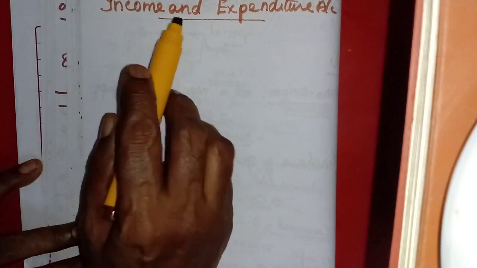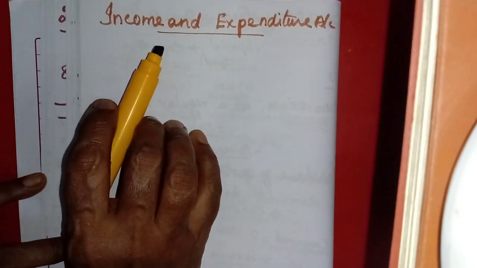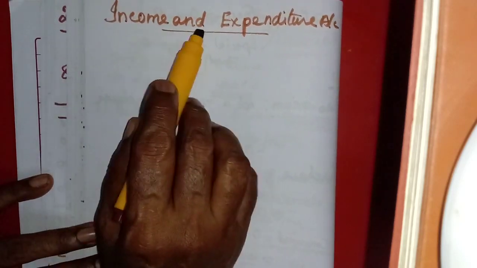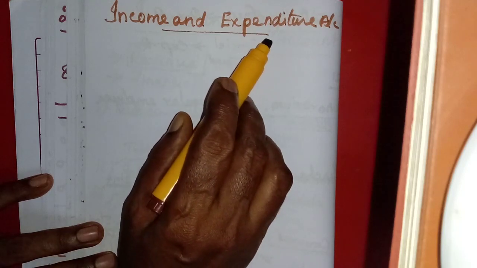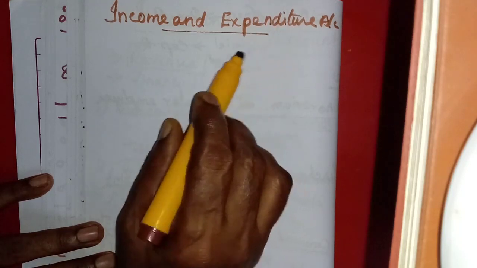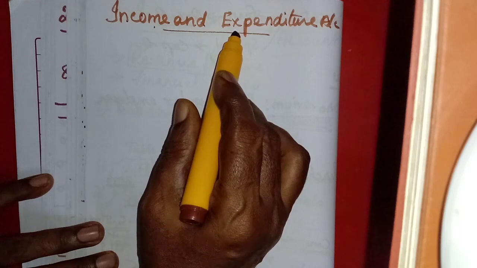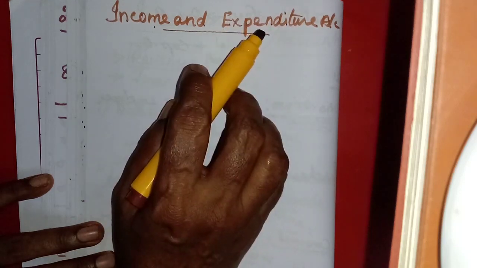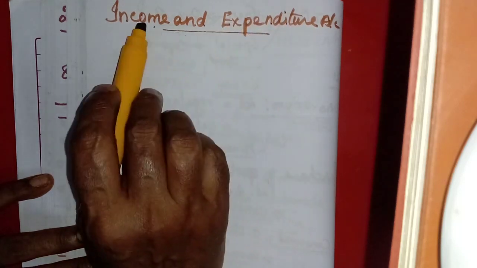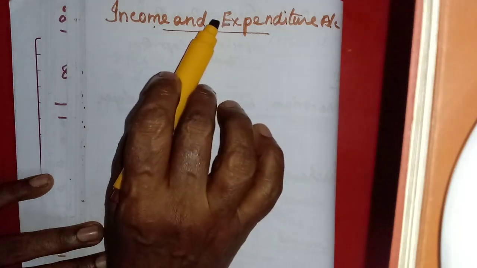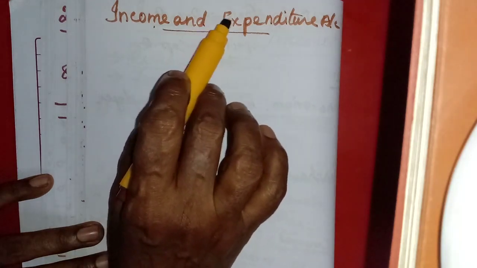Now we should know what an income and expenditure account is. It is a summary of all income and expenditure of a not-for-profit organization. This is prepared at the end of the financial year or accounting year.